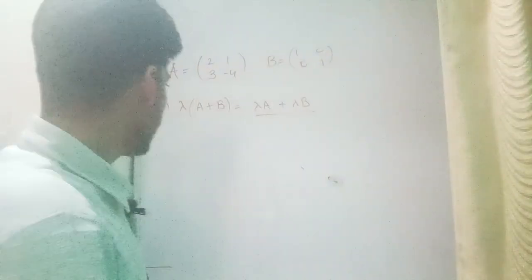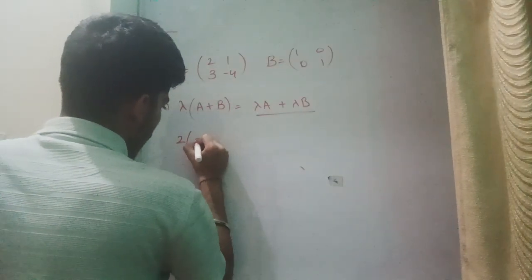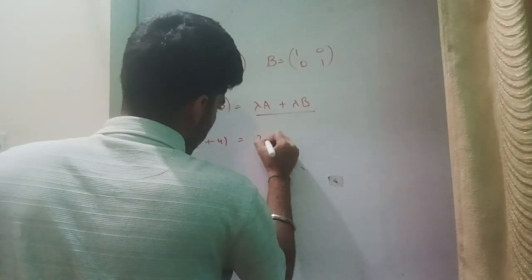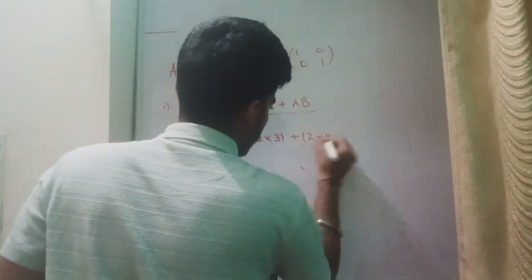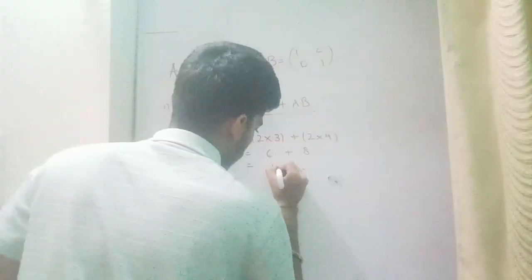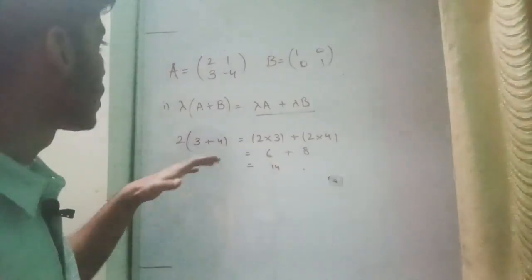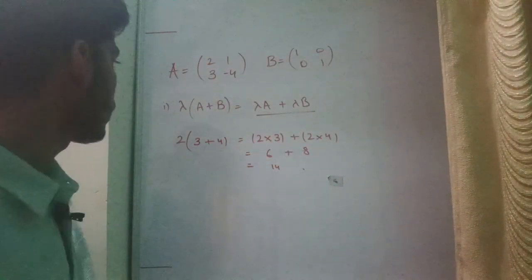If you have a number, let's say 2, multiplied with the addition of two numbers, let's say 3 plus 4, we can write it as 2 times 3 plus 2 times 4, which is 6 plus 8, which is 14. That's the distributive property, which we have already studied in earlier classes, and the same idea is followed here.